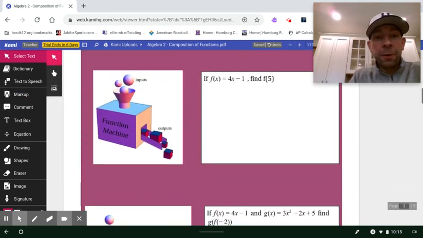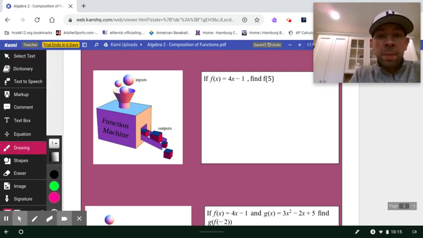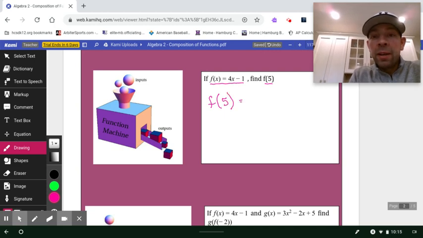So I've got this fun little picture to support what I'm trying to do here, and this is going to be a really nice warm up. We've been given a function or a rule, and we want to evaluate f of 5. So we're going to take the x and replace it with a 5. This x right here is going to get replaced with a 5, and then we're going to evaluate. So 20 minus 1 makes 19.